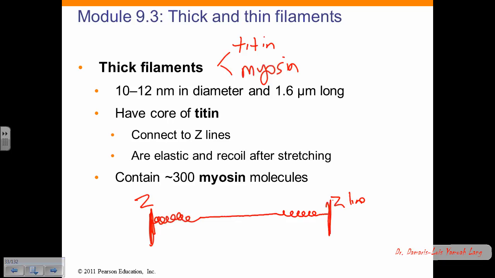And then the myosin molecules have a tail and a head. So the tails wrap around it, and the heads are hanging out. The heads are hanging out and the tails are wrapped around the titin.